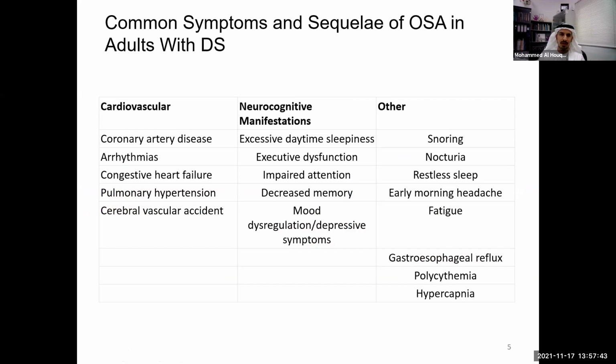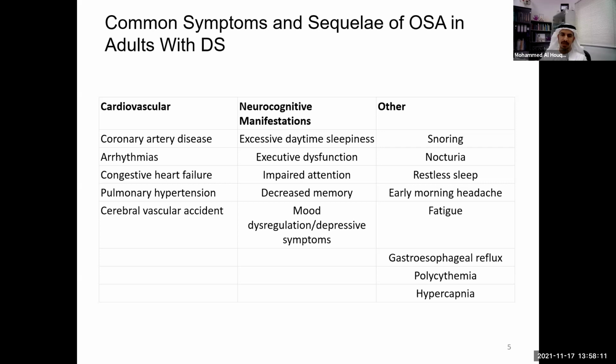Now, what are the symptoms of obstructive sleep apnea? Patients overall could have excessive daytime sleepiness, and this is more common in adults, executive dysfunction, impaired attention, decreased memory, mood dysregulation, depressive symptoms, and at night they may have snoring, nocturia, restless sleep, early morning headache, fatigue, reflux disease.